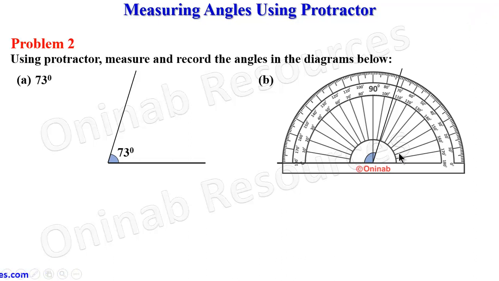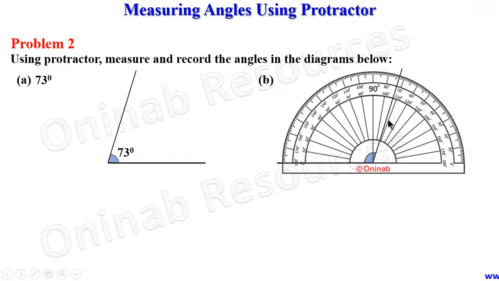So we then measure. The angle is not on this side. It is an obtuse angle, for your information. So we are going to measure clockwise. So we measure 10, 20, 30, 40, 50, 60, 70, 80, 90, 105, 106, and this is 107.